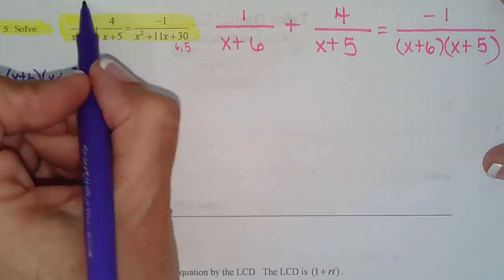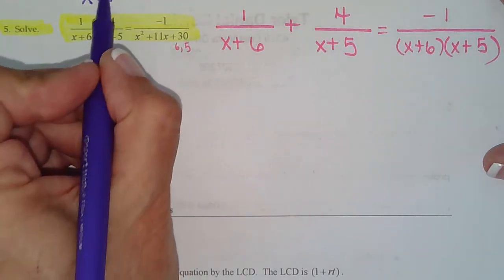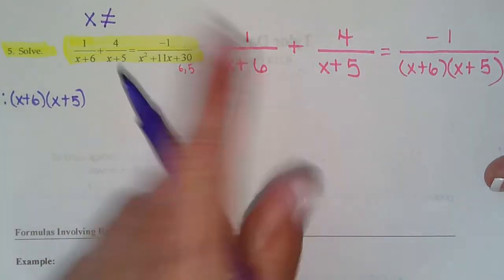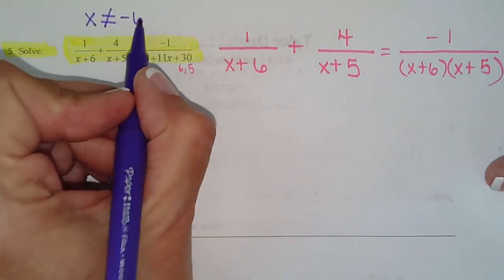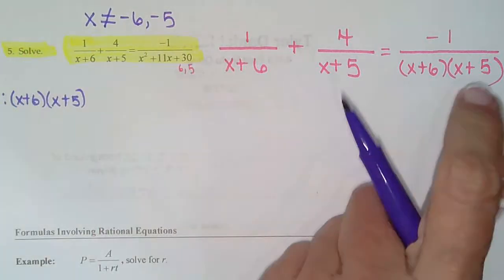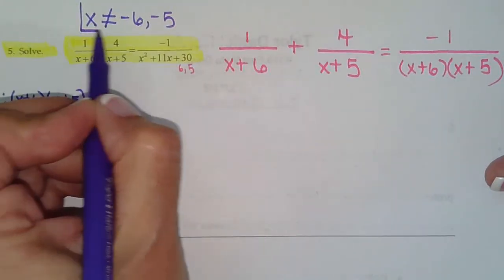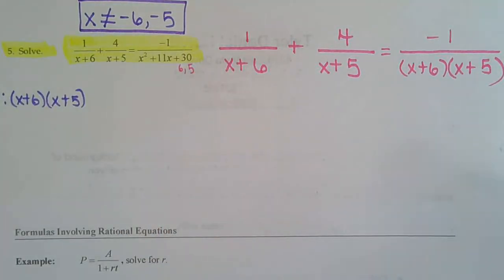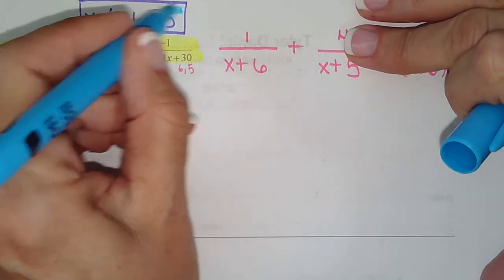And our restriction box, let's put that up here. X cannot equal, so what makes this 0? Negative 6. What makes this 0? Negative 5. And same here. Maybe we better use a different color highlighter. Oh, I think I got a blue here, just because we already used yellow.